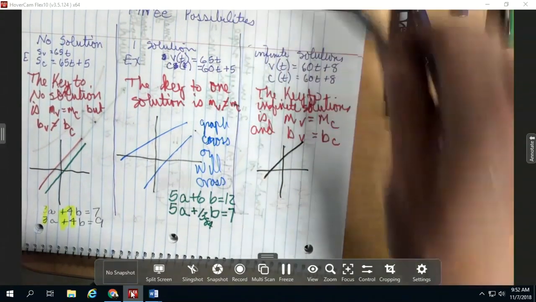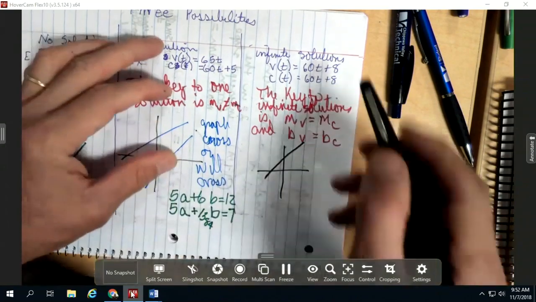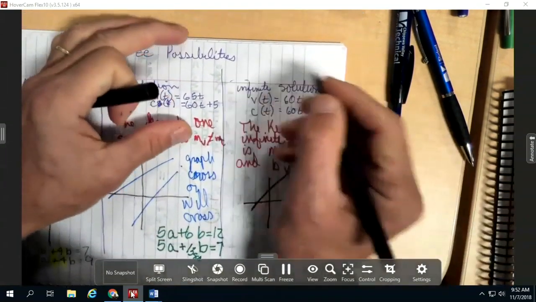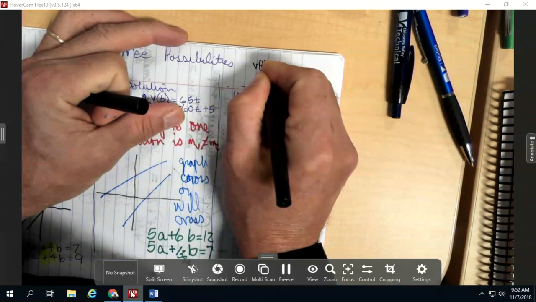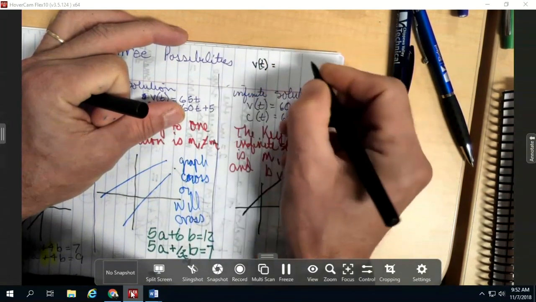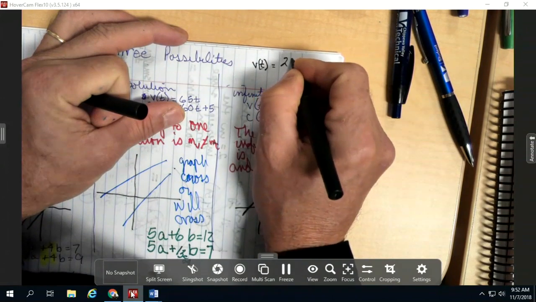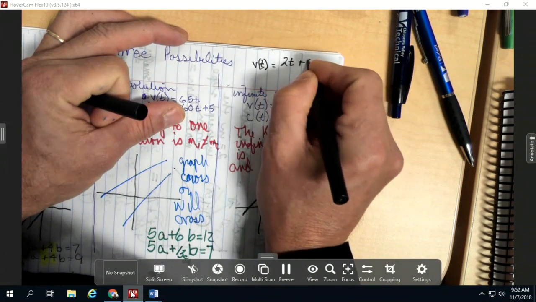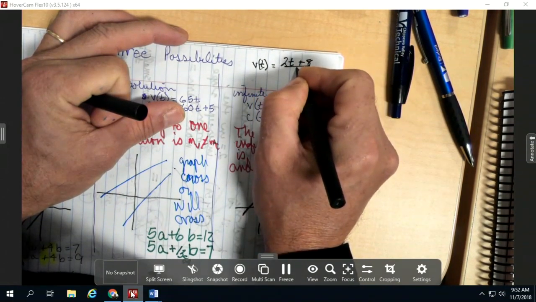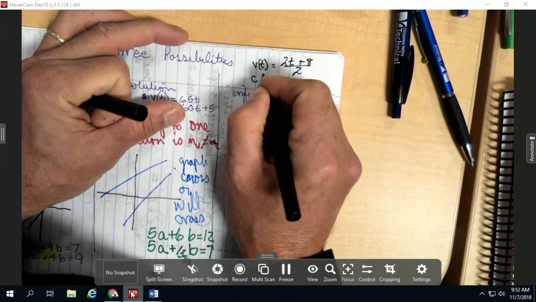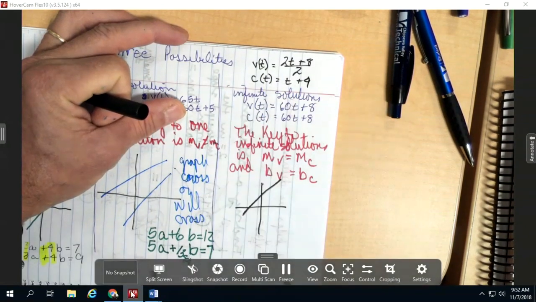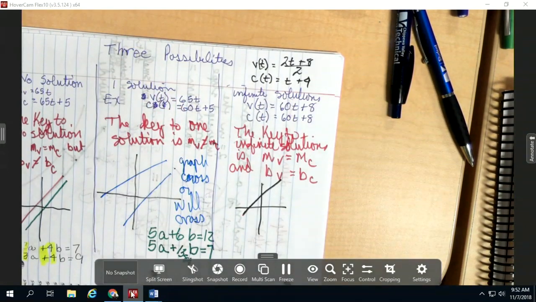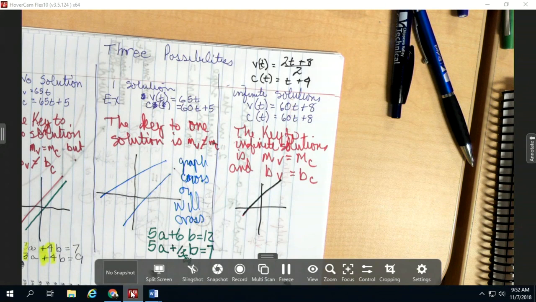So the thing is, sometimes they will kind of disguise it. For instance, they might say something like v of t is 2t plus 8 over 2, and c of t is t plus 4. So you see how they disguised it that time? They pretended like it was a fraction.